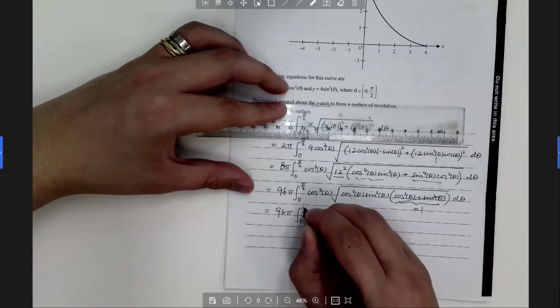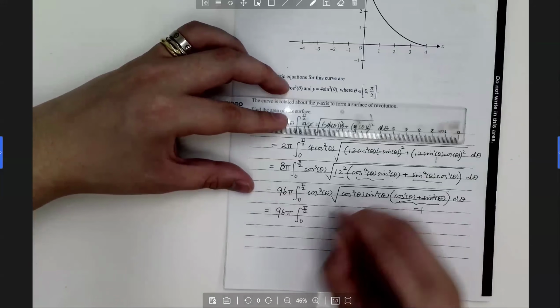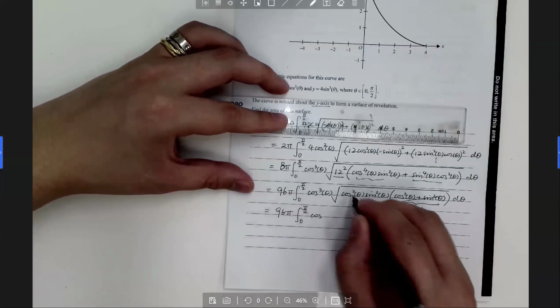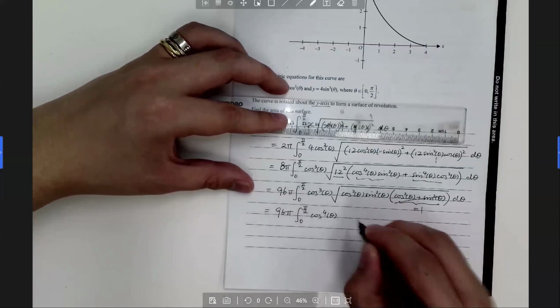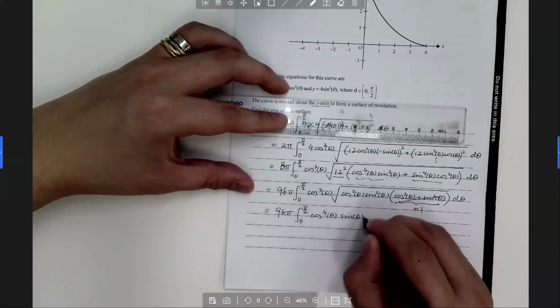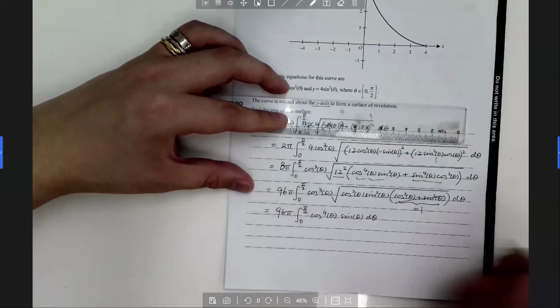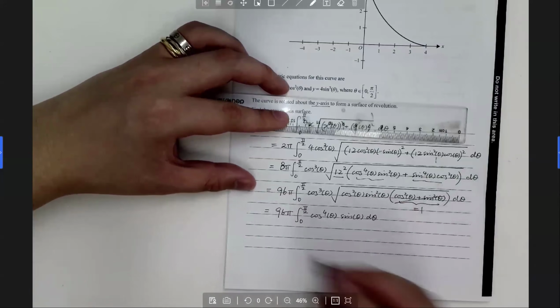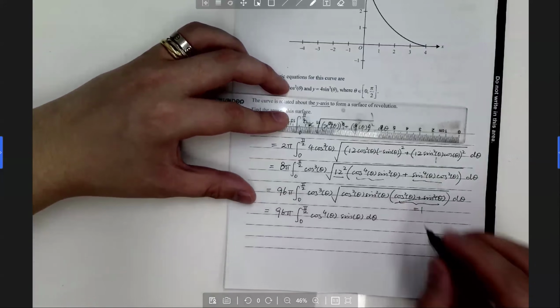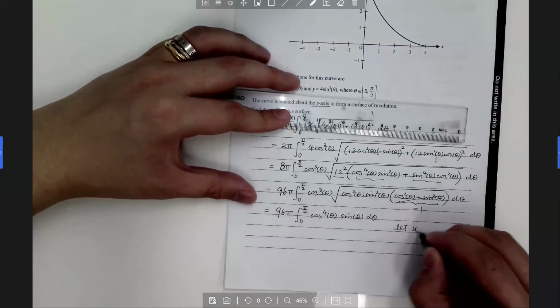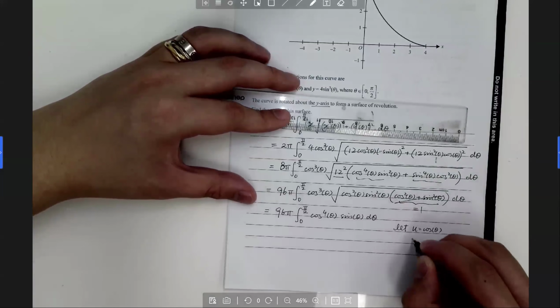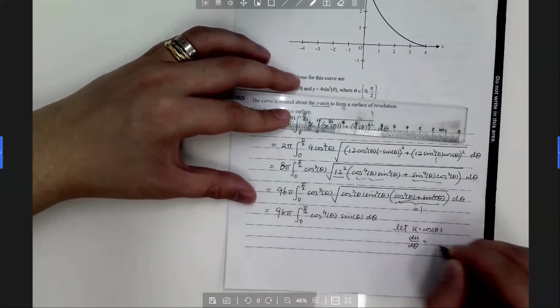So I don't need to worry about the absolute value. Eventually, it's 96 pi from 0 to half pi, cosine power 3 times cosine power 4 theta times sine theta d theta. You might want to make a substitution here, but I don't think it's very helpful. You say let u equal cosine theta, so du d theta equals minus sine theta. Okay?